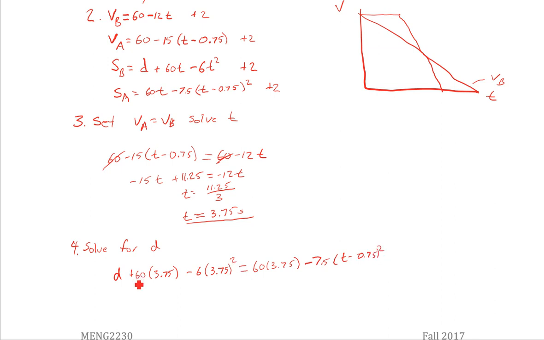So these parts cancel. If we carry that through, find D. Oh, that was 3.75, sorry. So this whole thing under there becomes 3. So D equals 157.5 minus 140.625.